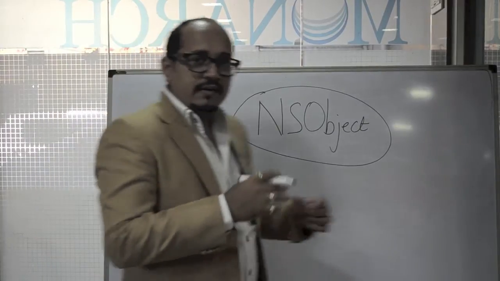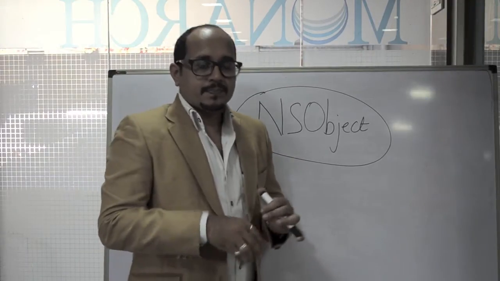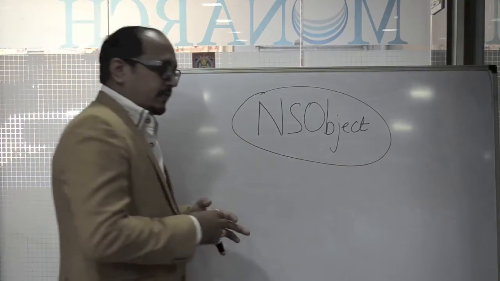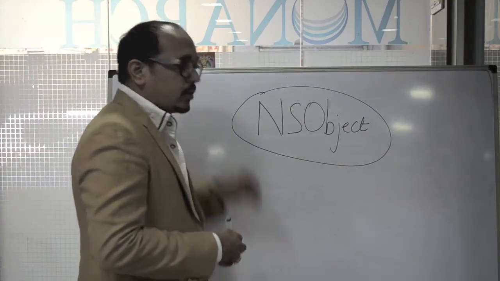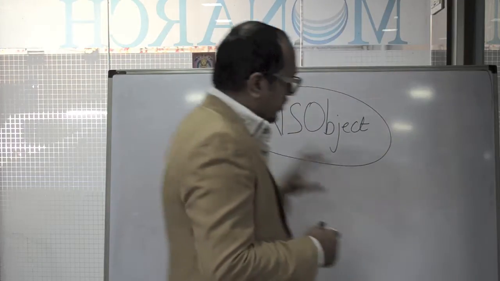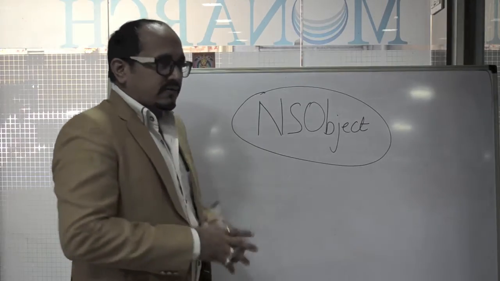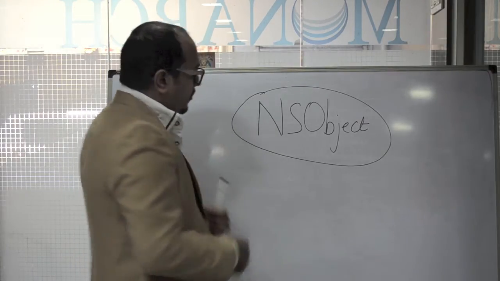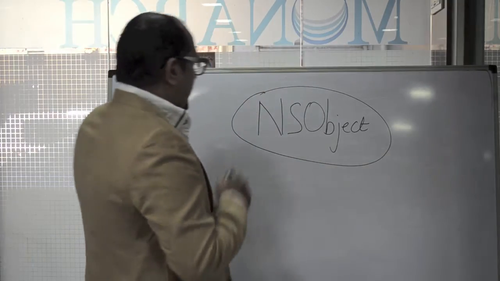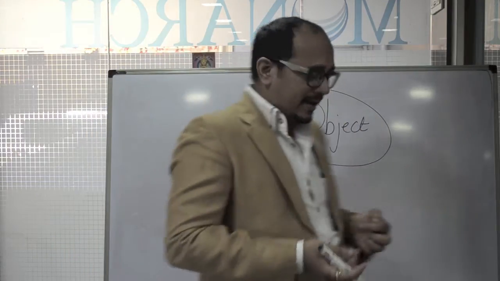You can say it's a singleton class which is responsible for creating all the objects in Objective-C. You can create your own NSObject, but then you have to write all the frameworks which are supported by NSObject. NS stands for NeXTSTEP, where Objective-C was created.